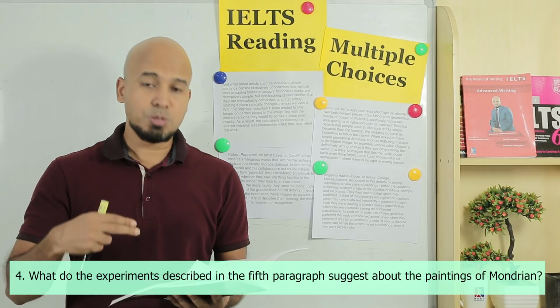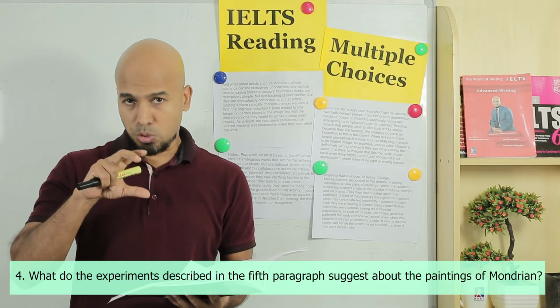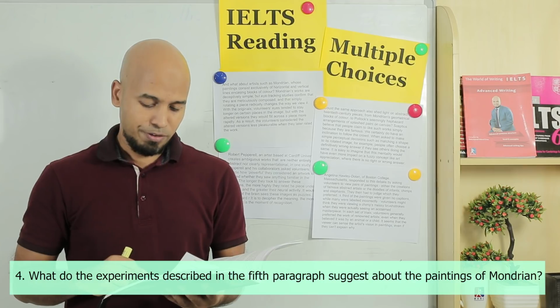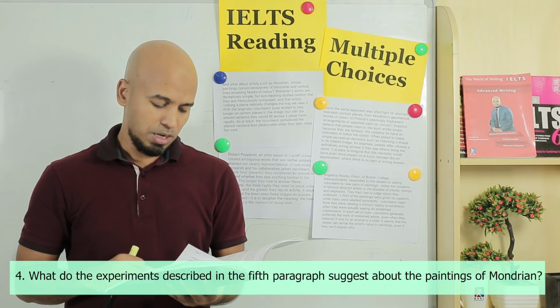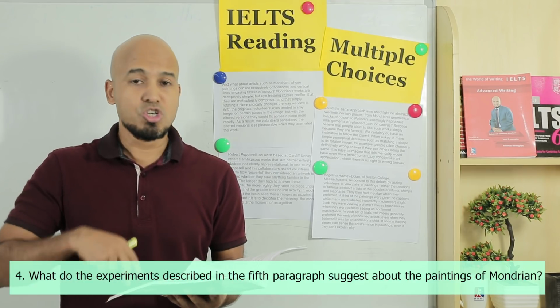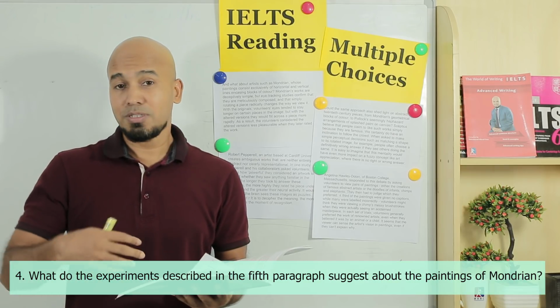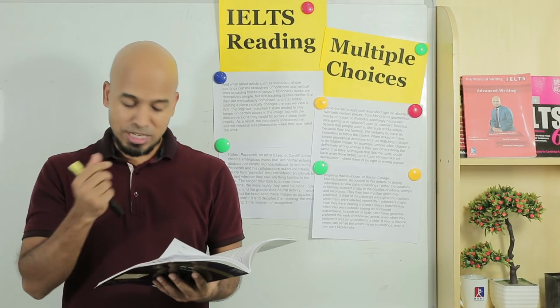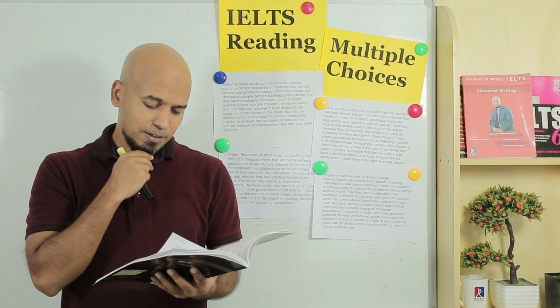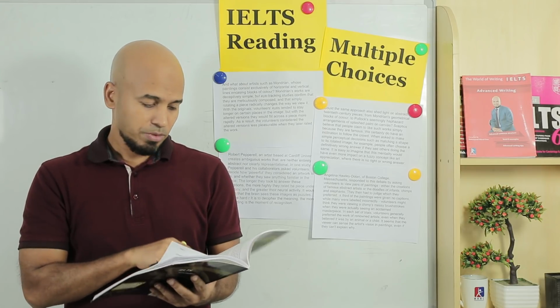What do the experiments described in the 5th paragraph suggest about the paintings of Mondrians? It's all about the paintings of Mondrians and the description.